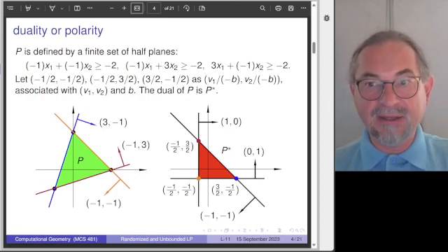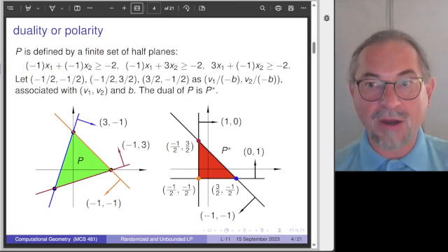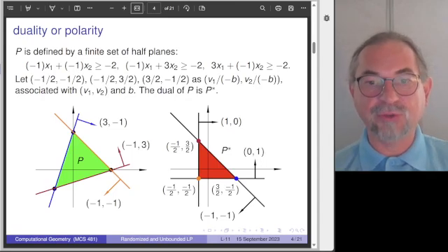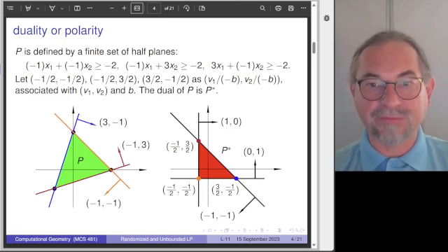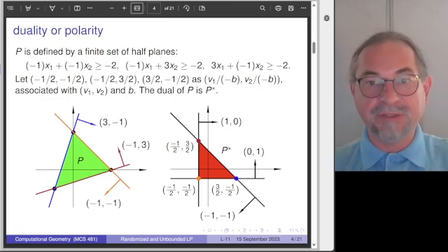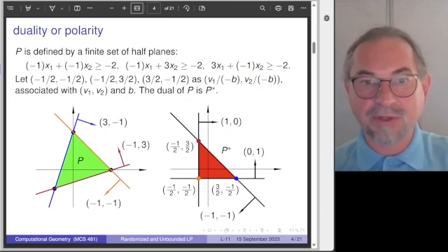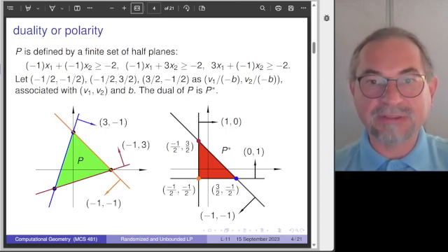Any inequality is only determined up to a constant factor. Here everything was divided by 2 in the coordinates of the vertices, but it could have been scaled. So there is some kind of normalization that takes place.